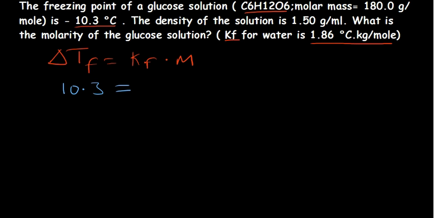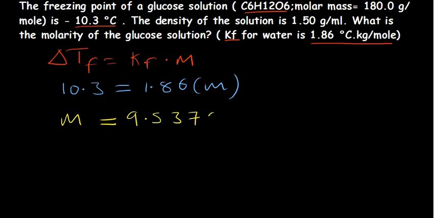Anyway, let's proceed. So the Kf is 1.86. So we have small letter m remaining. So we're able to determine the molal concentration actually. So the molal concentration therefore becomes, so we can divide by 1.86 on both sides. So 10.3 divided by 1.86, we have 9.5376 molal concentration.